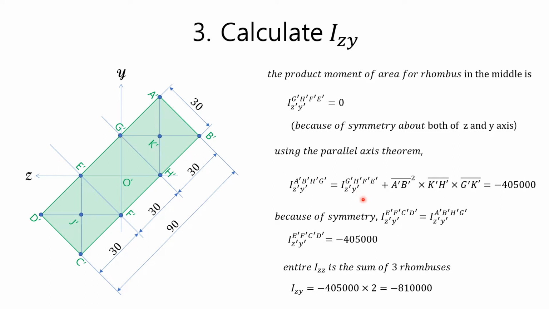This is the product moment of area for the rhombus in the center, which equals 0. We calculated already. This is the area of the rhombus, and this is the perpendicular distance from the centroid to each reference axis, z and y axis, which is KH prime and GK prime here.